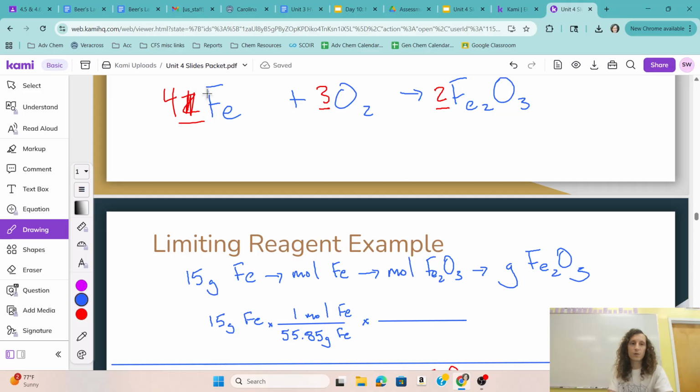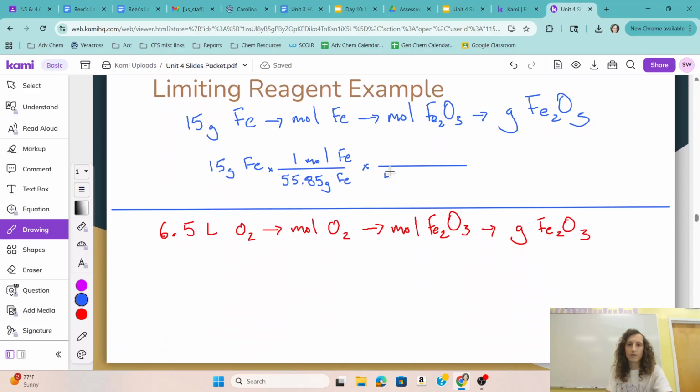So there's 4 moles of iron for every 2 moles of the iron oxide. So I'll put 4 moles Fe for every 2 moles Fe2O3. And then lastly, we're going to find the molar mass of iron oxide to convert it into grams.